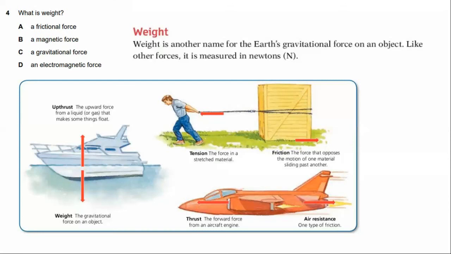So the correct answer for this problem is answer C. Remember that there is a difference between mass and weight. Check out our video on mass and weight to know more about this. Let's move on to question 5.